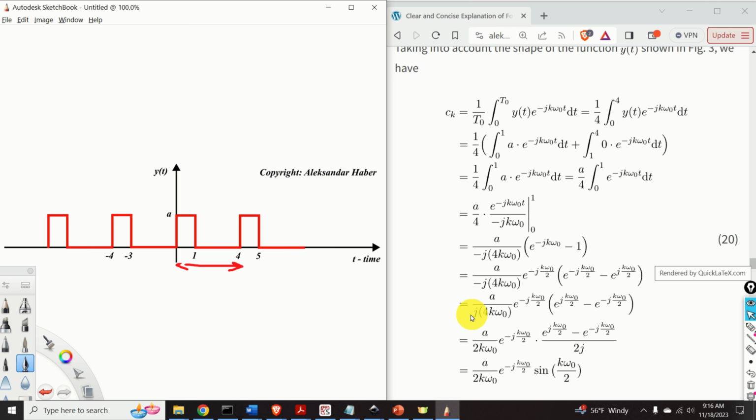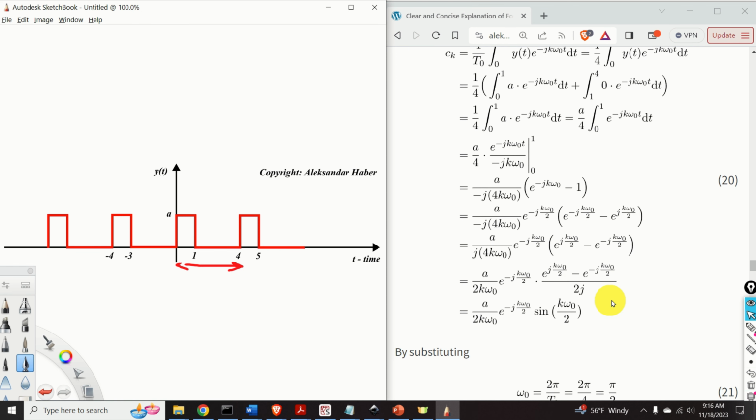Now let's eliminate this minus sign. Consequently, I flip these two terms over here. And let's take out 2 times j from here. And let's divide this term by 2 times j to obtain this term over here. As the result, we are left with A over 2k omega 0. And here's the expression.